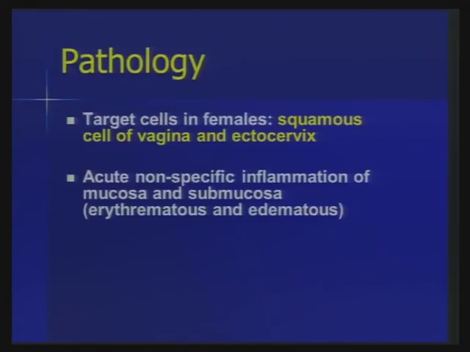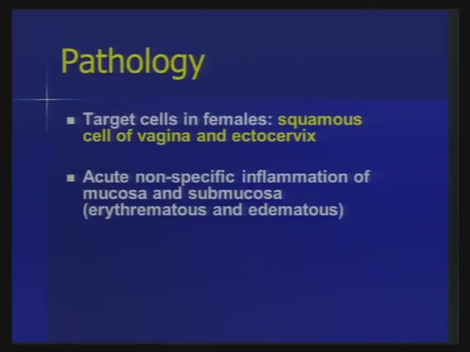I talk about the target cell, the squamous cell of the vagina. So this is the target. So what happened? Of course, it's an acute non-specific inflammation of the mucosa and submucosa that describes that woman that has the erythema and edema. Once we talk about that, why can we see the erythema in that female?